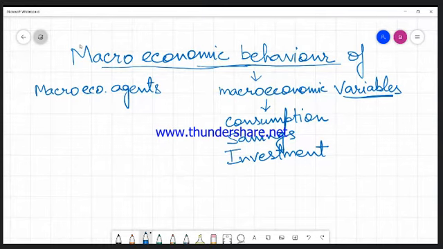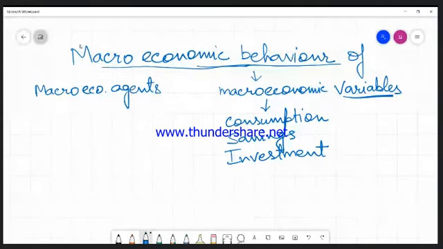Now all the households put together, like in our country, there are more than 6 lakh households. When talking about macroeconomics, we are talking about all the households together in the country. We are not talking about my home or your home. Each house is one household. But when we are talking about macroeconomics, we are talking about all the households together in the economy.